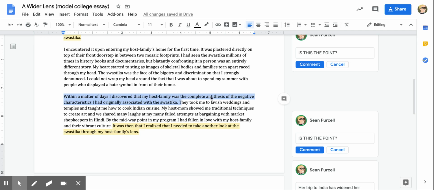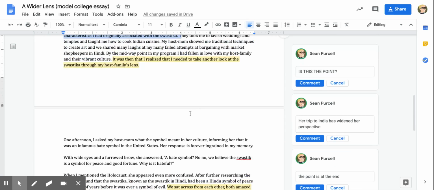So how does she reconcile this? Here's the symbol that I loathe, but yet the family who has this symbol here is so great. They're awesome. They're nothing like what I associate with this. It's a really confusing moment there. So I say that's a kind of conflict.